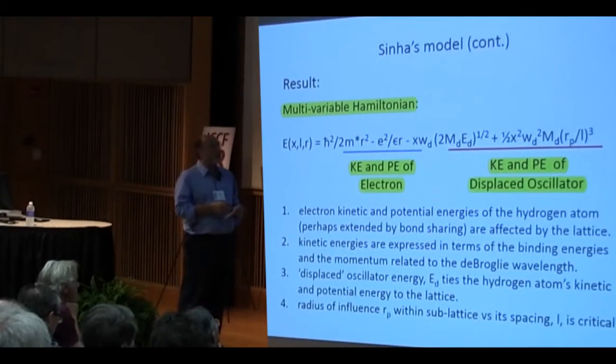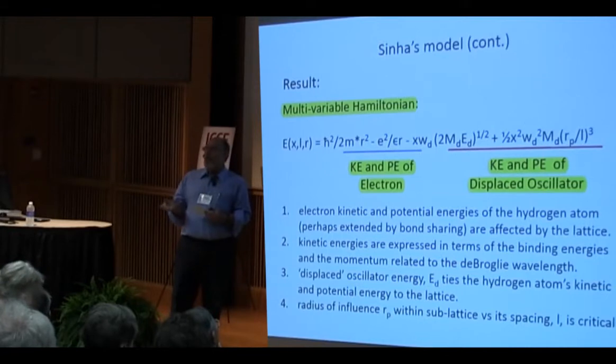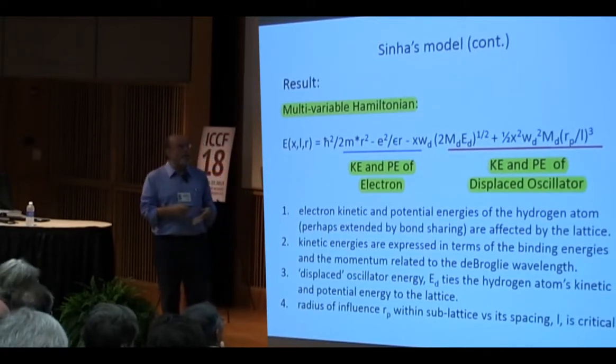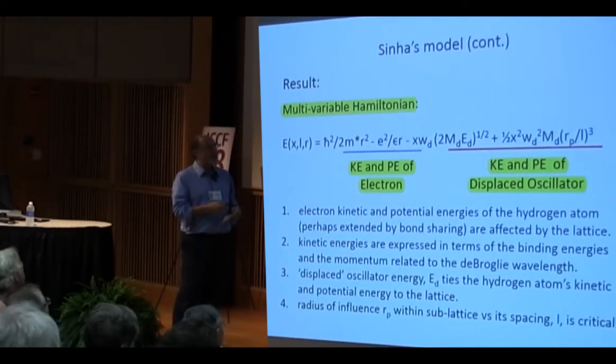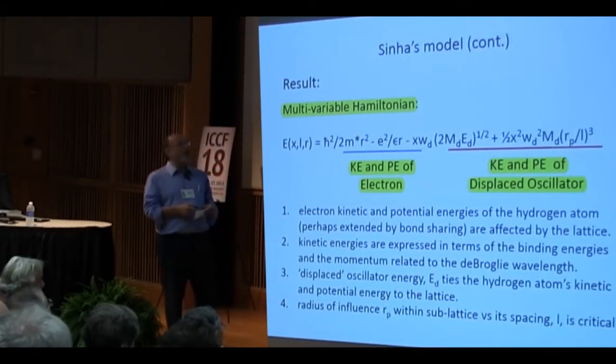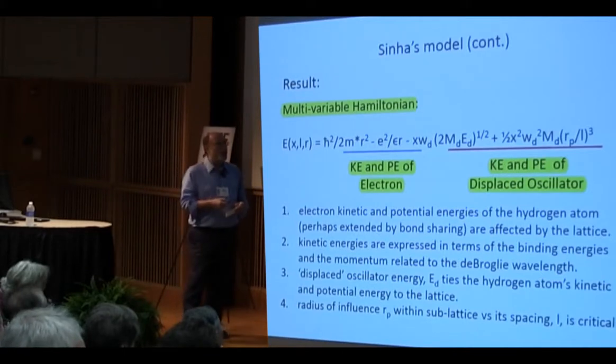You have the kinetic and potential energy of the deuteron pairs, or the hydrogen pairs, and those pairs end up having a common frequency, and this is done to establish the displaced oscillator. And again, you're having the interaction with the lattice and with the other sublattice components as well.